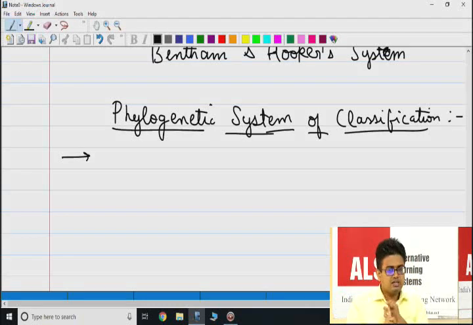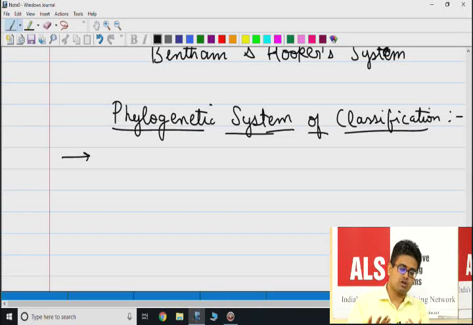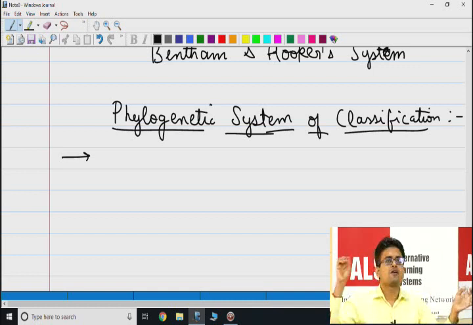Similarly, it is believed that all living organisms have diversified from very primitive organisms called archaebacteria. Then came bacteria, then came eukaryotes. So from prokaryotes, eukaryotes have developed, and eukaryotes have undergone complexification.